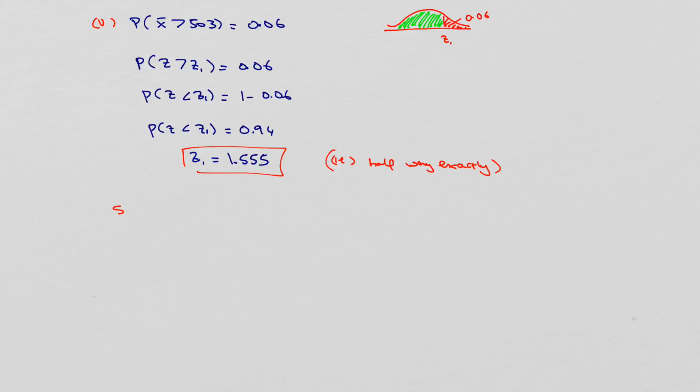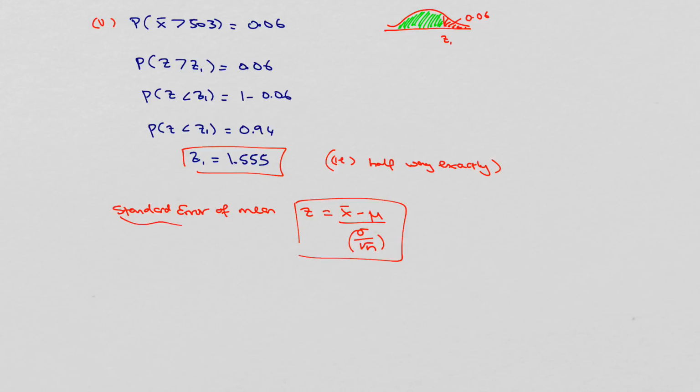So I then know my standard error of the mean. Well, on page 35, Z is equal to the sample mean minus mu over the new standard deviation. And if I sub in my values, I've just worked out Z to be 1.555. My sample mean was 503. My true mean was 500. My new standard deviation is going to be 18 over the square root of the sample size.